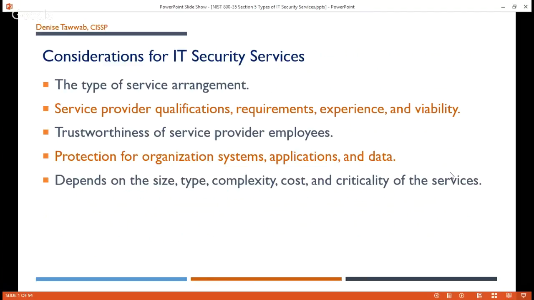You need to look at how the service provider protects your organization's systems, applications, and data. And you have to think about the size, the type, the complexity, the cost, and the criticality of the service that you're looking to procure. Because the more complex or critical the service, the degree of rigor that you bring toward this acquisition process is going to be different than what you would bring to something that's less critical to the business.